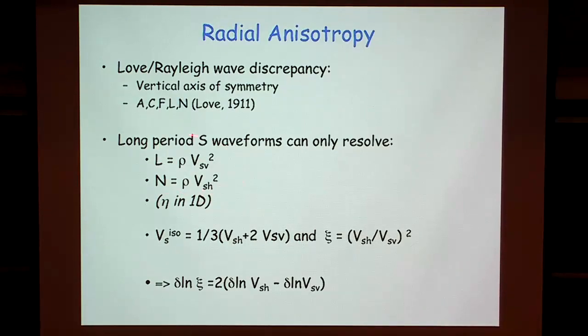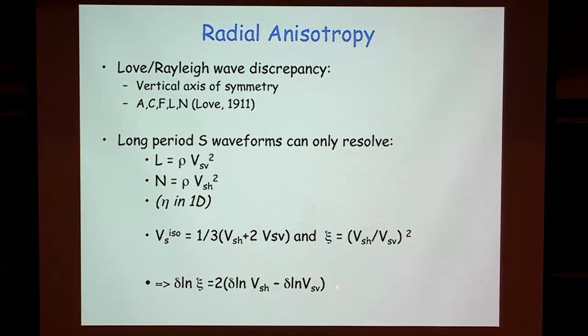So typically what you're going to be seeing is a description of the model either in L and N or equivalently in terms of something that we call the isotropic velocity, which is defined like this as the Voigt averaging, and this parameter which expresses the anisotropy, the difference between the velocities of SH and SV polarized waves.